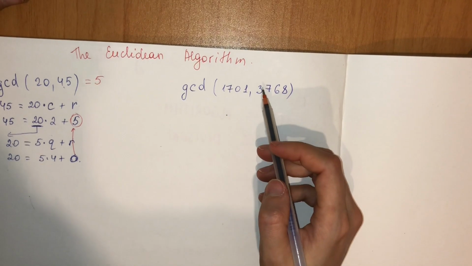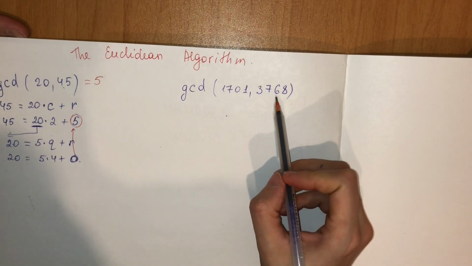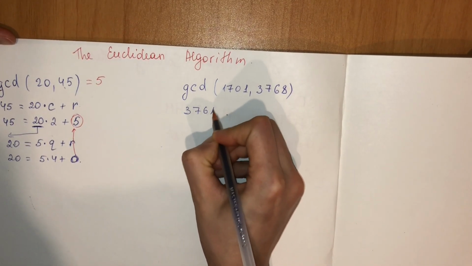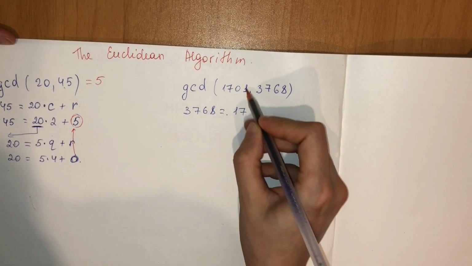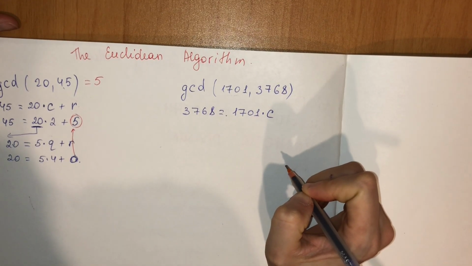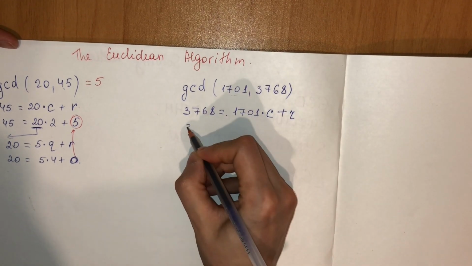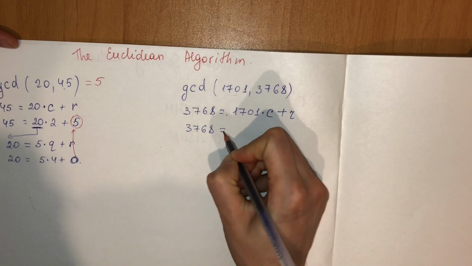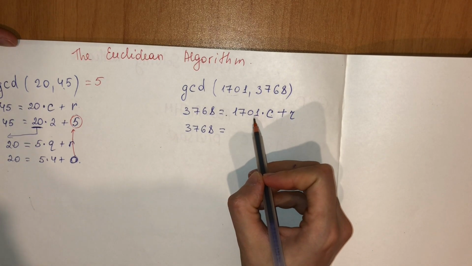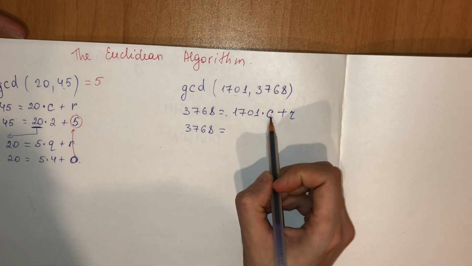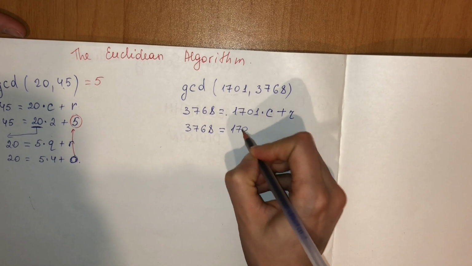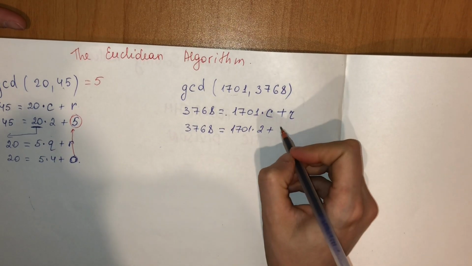We should write the greater number as equal to the smaller number times some factor plus remainder. It's obvious that here C is 2.